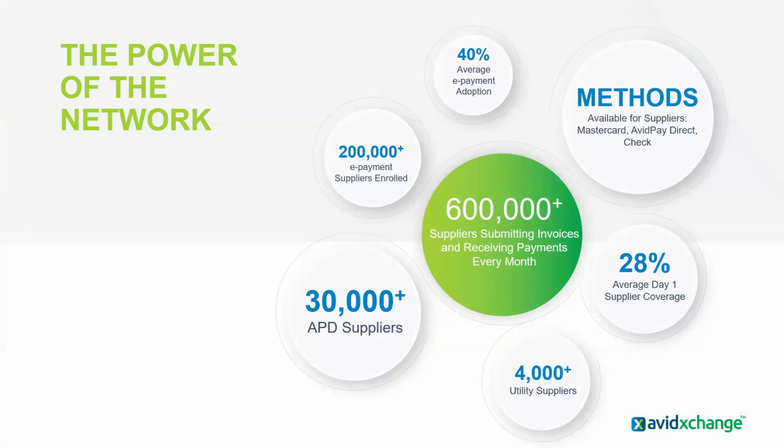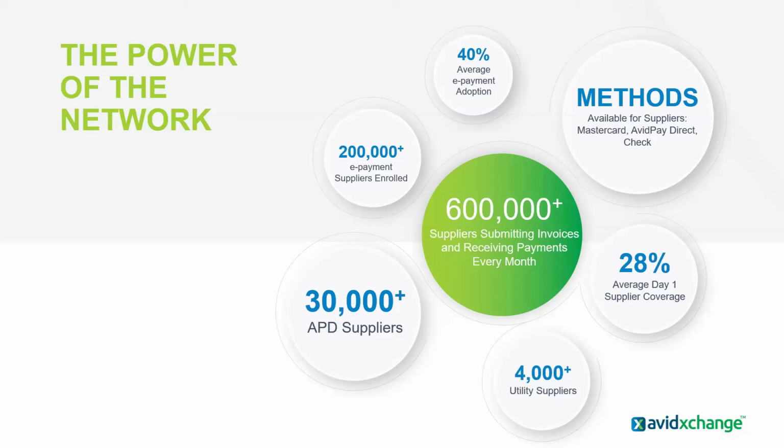So you can see at day 1, we have an average of 28% supplier coverage, meaning a company that first signs on with AvidXchange, we typically see almost 30% of their vendors are already in our network working with us. And so it's a great advantage to be able to, from day 1, start with that ratio.